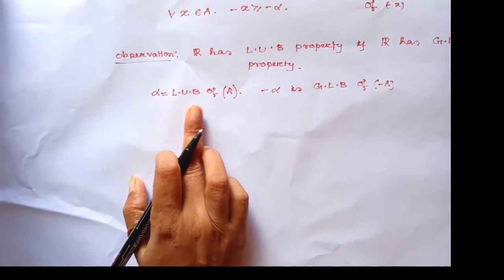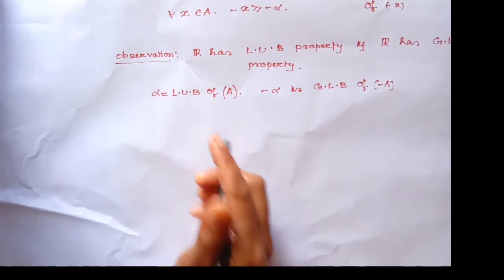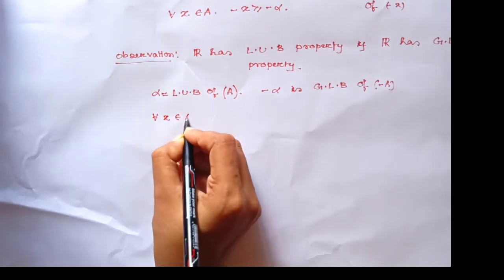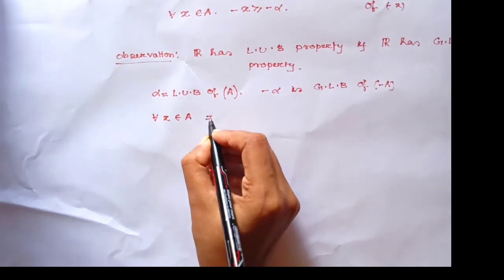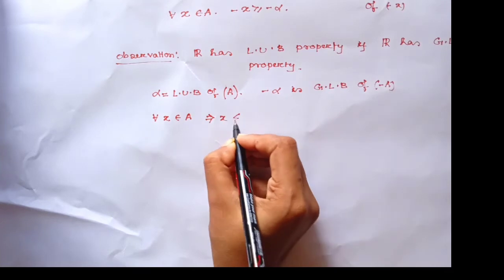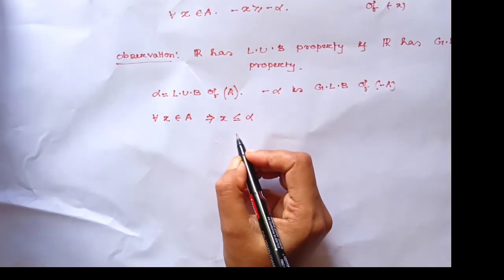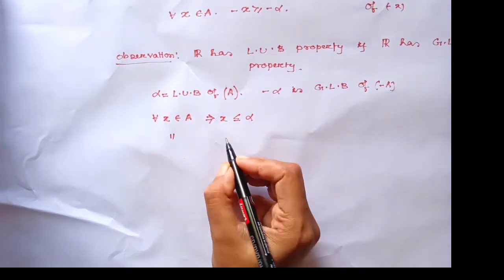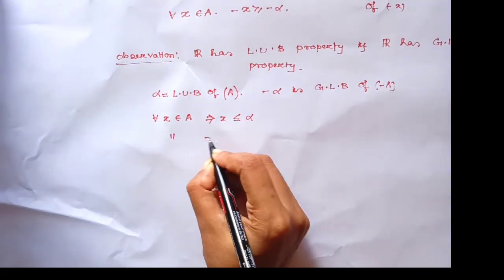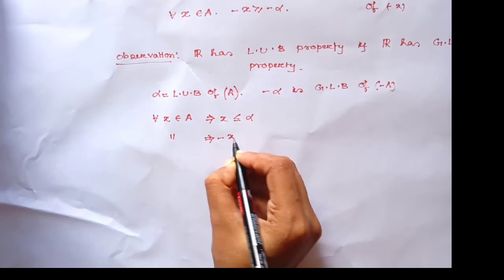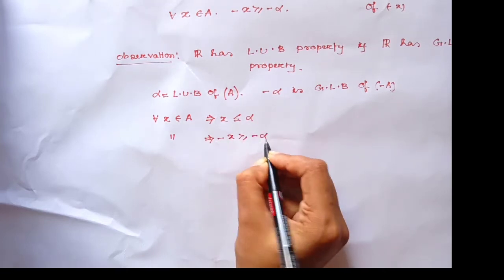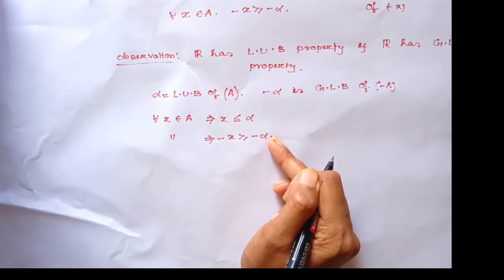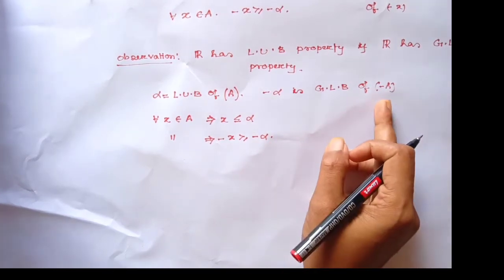Since alpha is LUB of A, then for all x belongs to A, x is less than or equal to alpha. That implies for all x belongs to A, minus x is greater than or equal to minus alpha. Therefore, minus alpha is an upper bound of minus A.